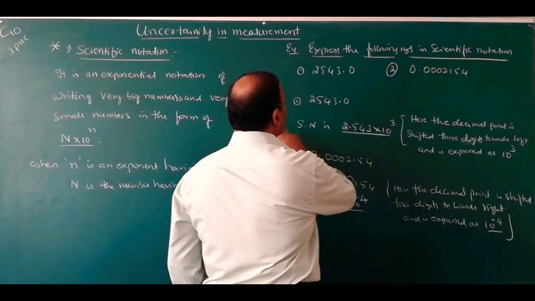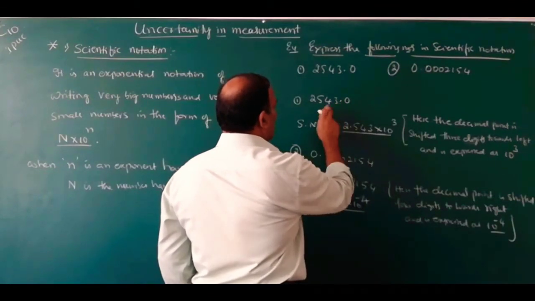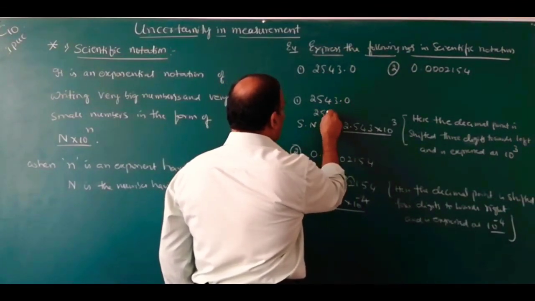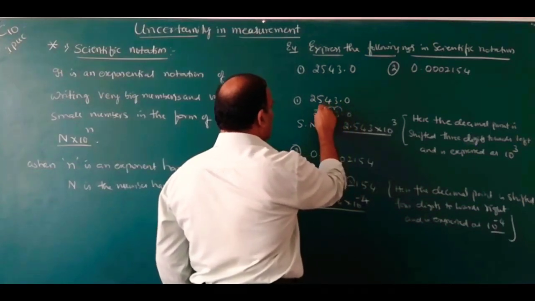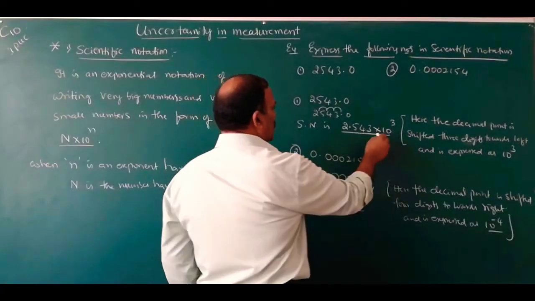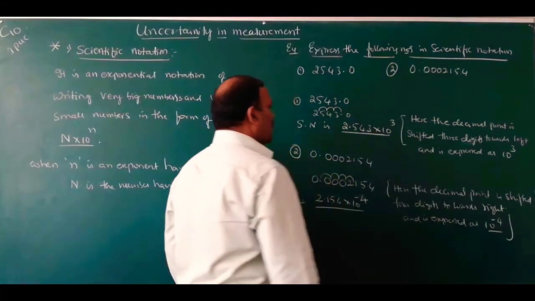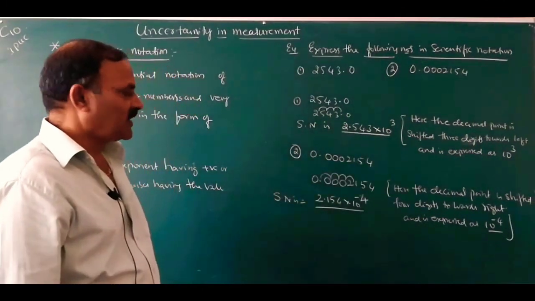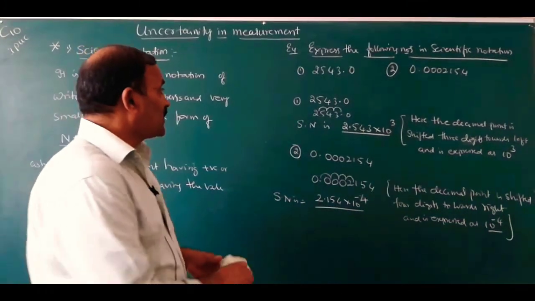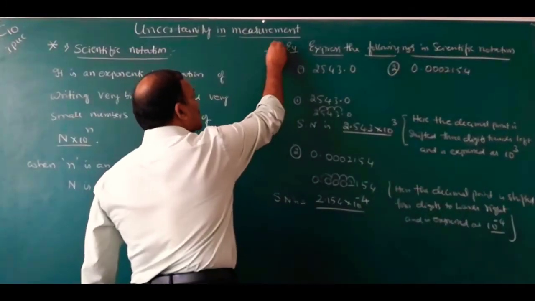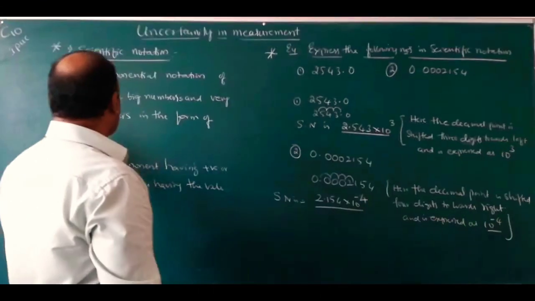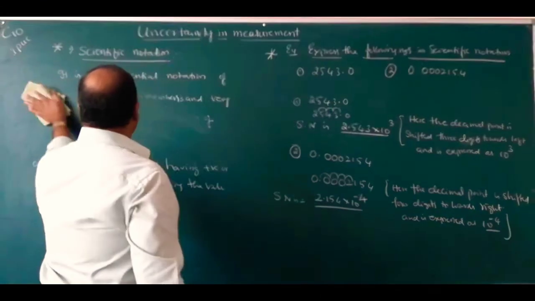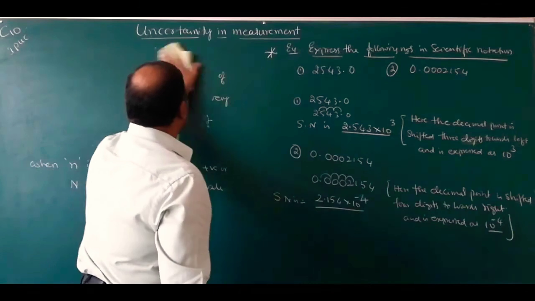And here, the decimal point has been shifted 3 places, so it can be written as 2.543 into 10 to the power of 3. So this is very important. You will be asked in the examination, write the scientific notation of the following numbers. I will give you another example.